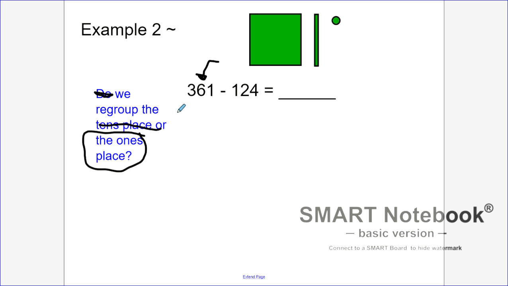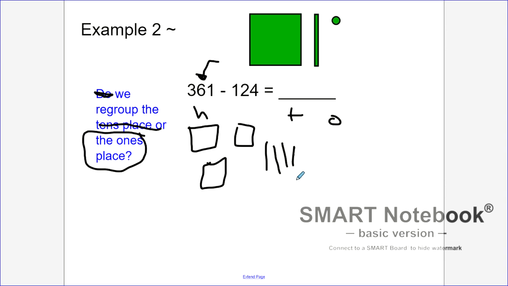So we start out by drawing it as 3 hundreds, 6 tens, and 1 one. 100, 200, 300, 310, 320, 330, 340, 350, 360, 361.